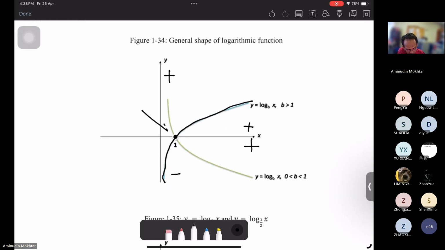This point is the x-intercept. For all, the unique property of log, any log in the form of y equal to log b x will cross this point at x equal to 1, y equal to 0.